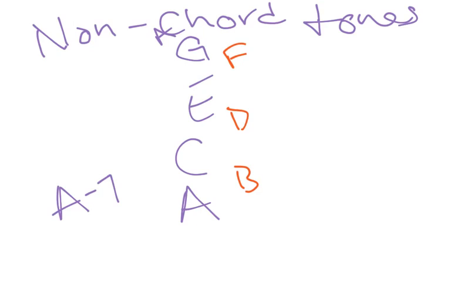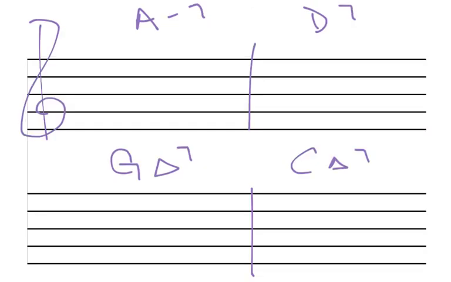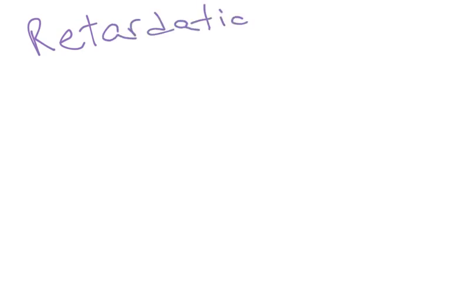Okay, anyway. So today we're going to be talking about retardations and suspensions, alright? So, let's just say, I'll write this out, because I know it's good to see it.